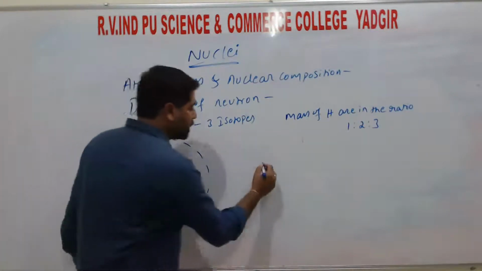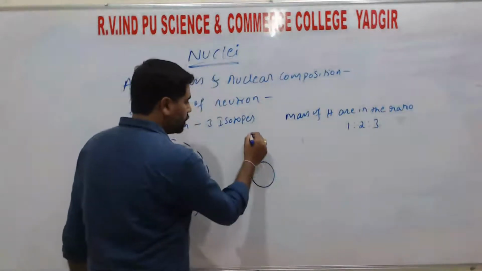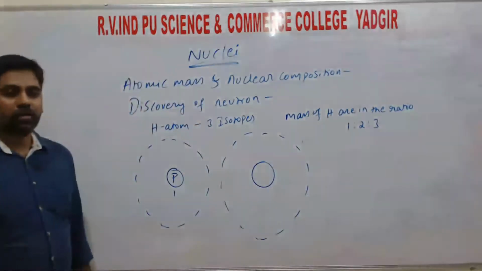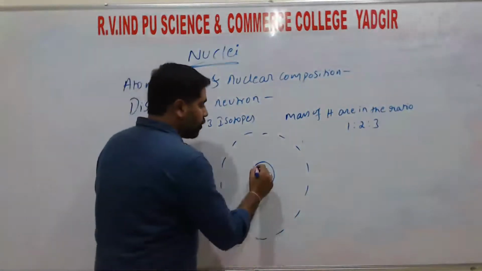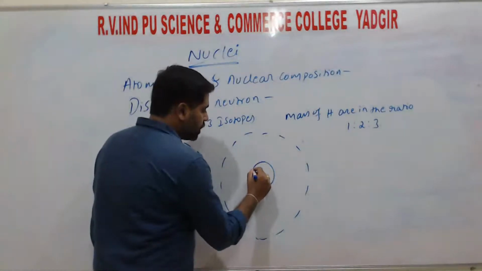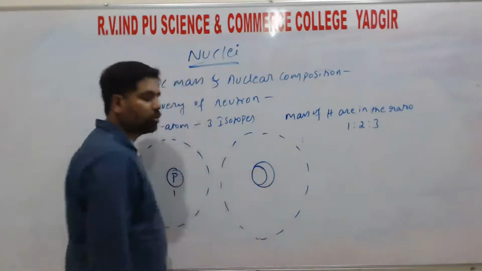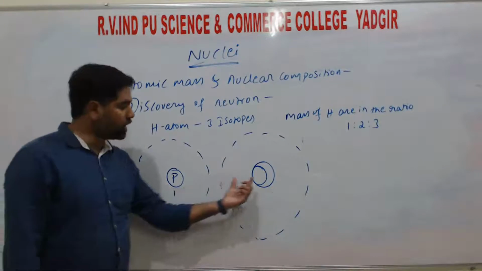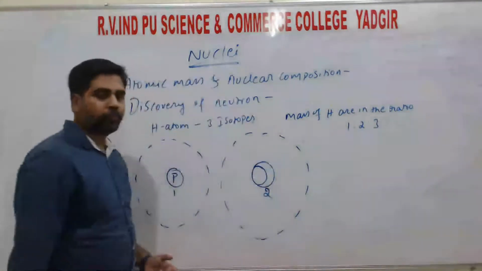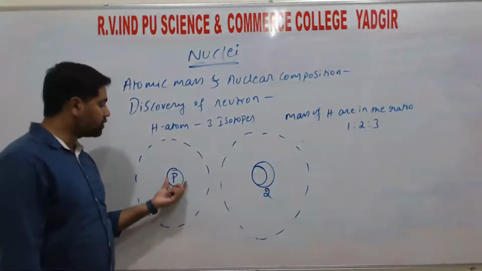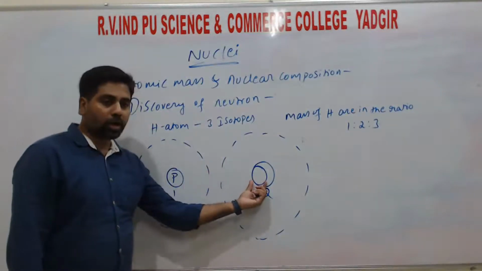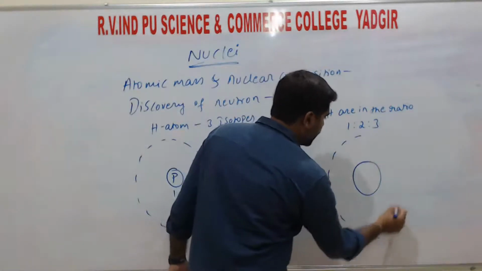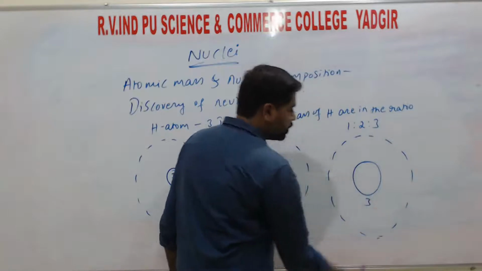Next, the second one we consider is deuterium. This becomes the nucleus and the electron revolves around it. Here the mass ratio is 2, about 2 point something, so some extra mass is present along with the proton. For the next case, tritium, the mass ratio is 3.